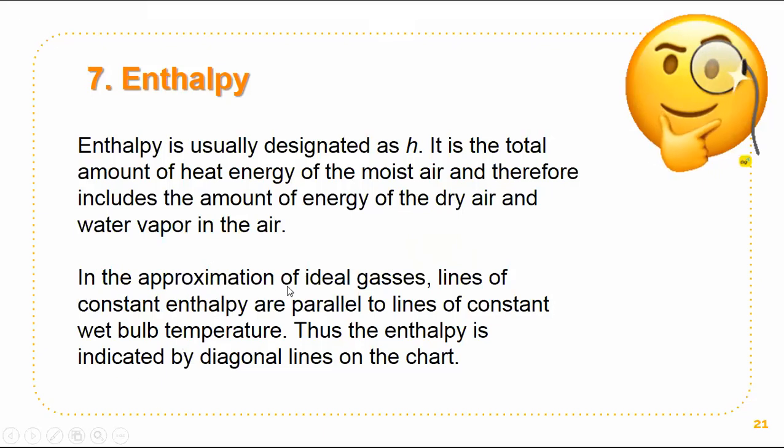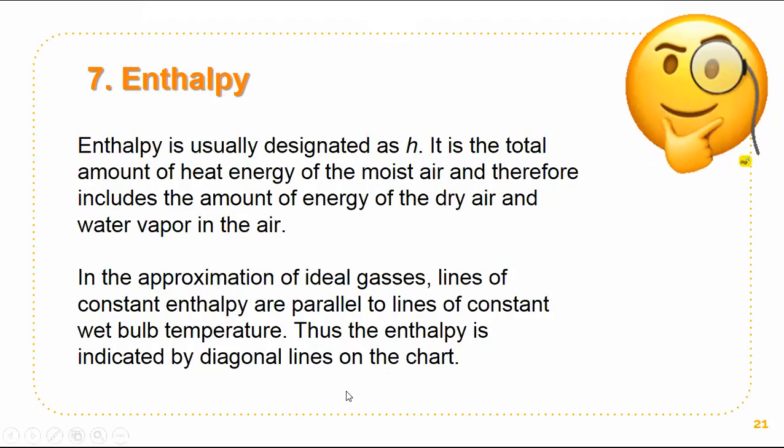In the approximation of ideal gases, lines of constant enthalpy are parallel to lines of constant wet bulb temperature. Thus, the enthalpy is indicated by the diagonal lines on the chart. If you recall the diagonal lines of the wet bulb temperature, we also have there the enthalpy content at that particular wet bulb temperature.